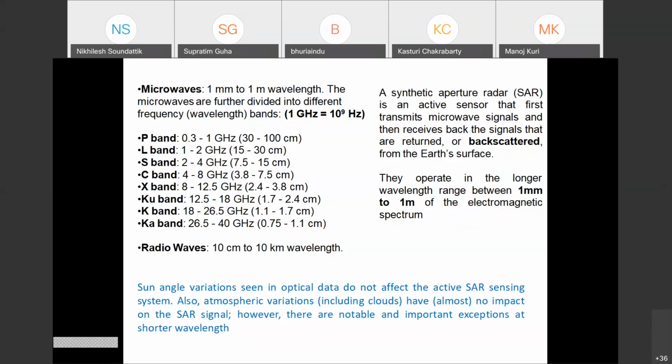The advantage of using microwave remote sensing, I'm sure everybody is aware, in the forestry context also: the sun angle variation seen in optical data is least in the microwave region. Further, atmospheric variation and clouds do not affect the microwave region as they do in the optical domain.